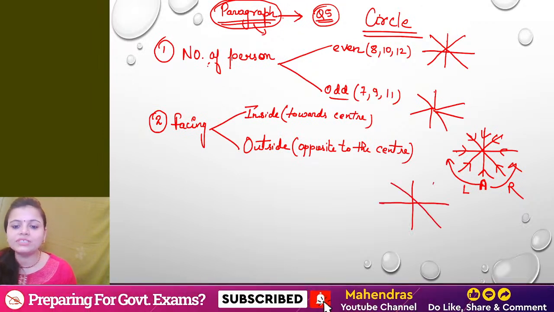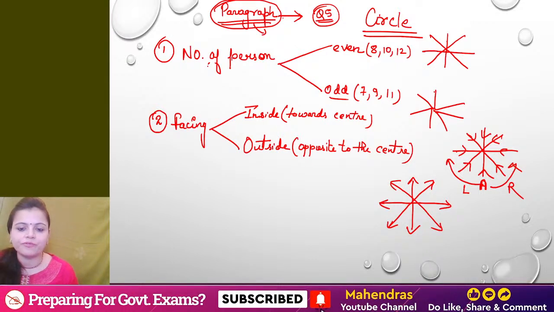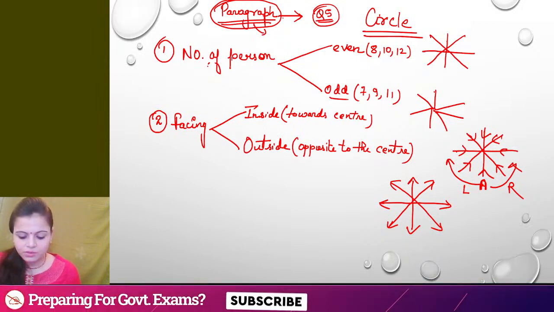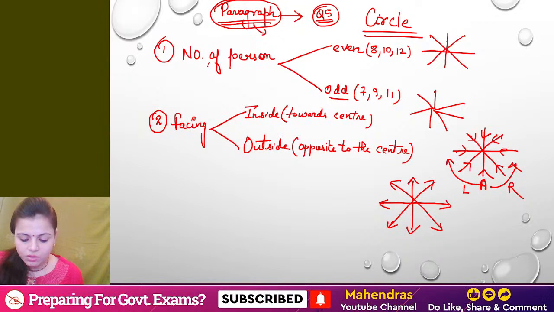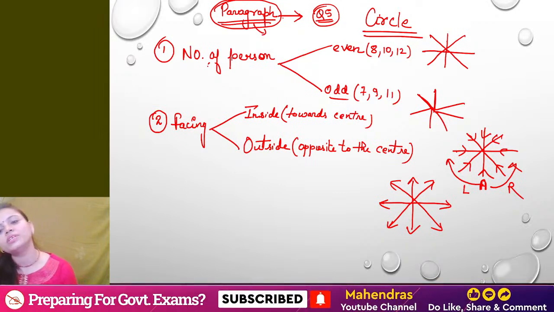But when the persons are facing outside, is there any change when the facing of the person is changed? In the odd number case, no need to put the person opposite; you can put the person in any manner.